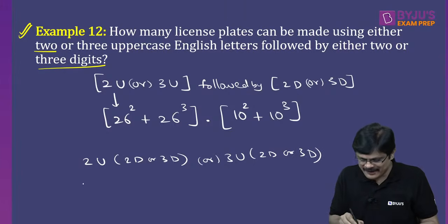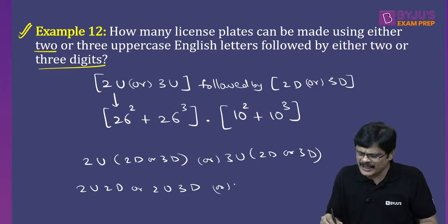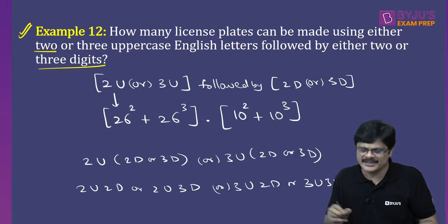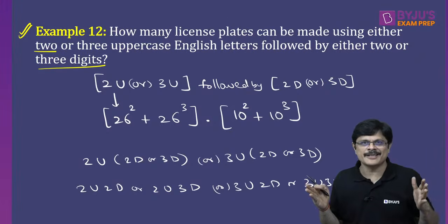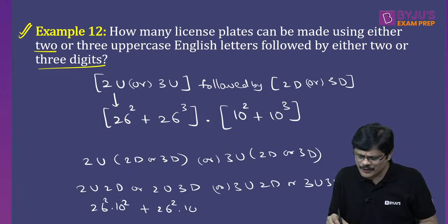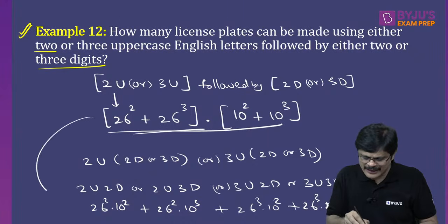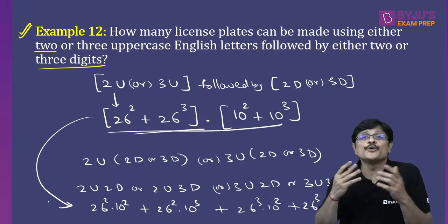Again they expand it further. 2 uppercases followed by 2 digits, or 2 uppercases followed by 3 digits, or 3 uppercases followed by 2 digits, or 3 uppercases followed by 3 digits. So this much expansion they do it and they solve it. Now this one is clear now. 26 square into 10 square plus 26 square into 10 cube plus 26 cube into 10 square plus 26 cube into 10 cube. Actually, if you expand it, you will get this answer, my dear friends. This is how you look at the problem.